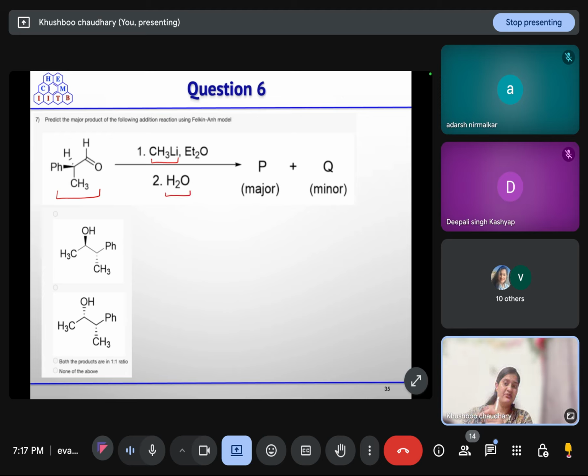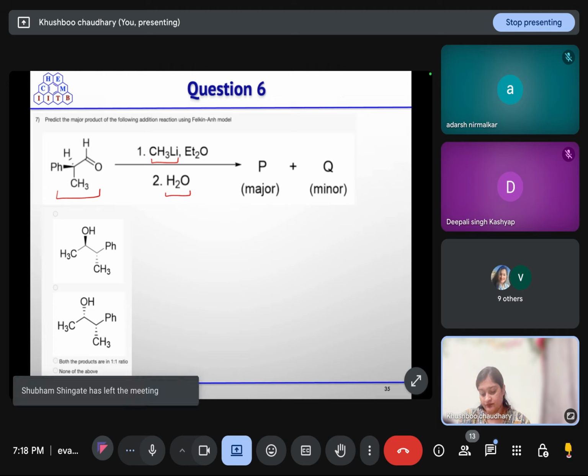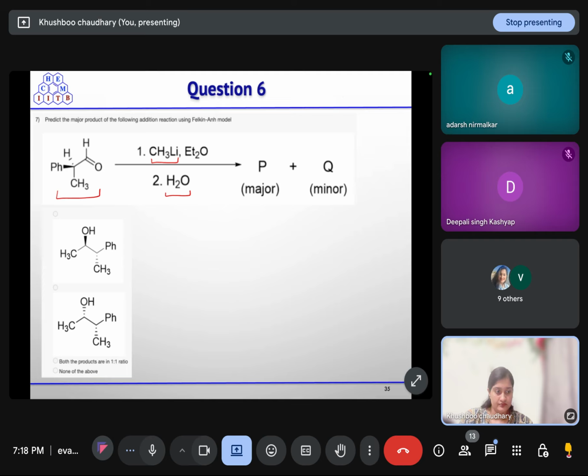So draw the Felkin-Anh model and tell me which one is the correct product. Which one is the correct option?